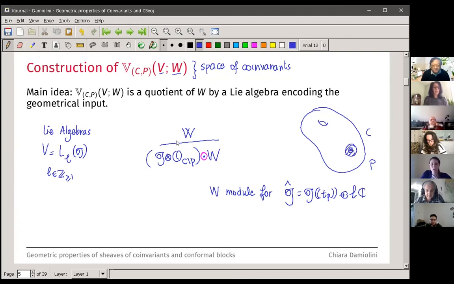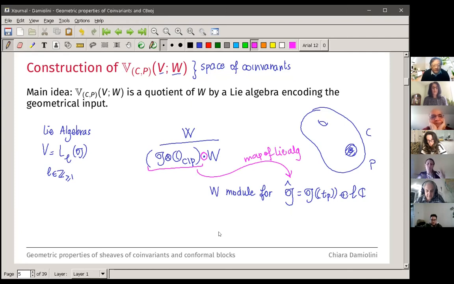And this algebra lives there because there is a natural map of the algebra given by the residues from this algebra to here.